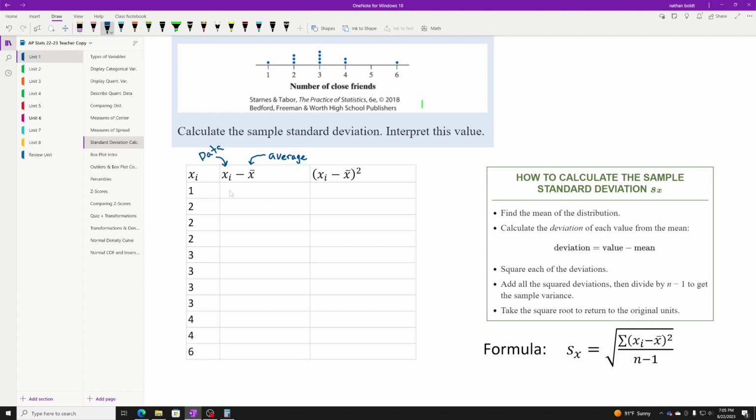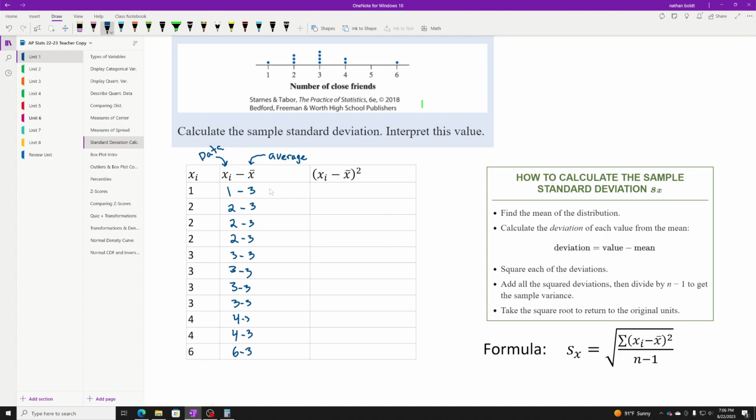So we're going to do 1 minus 3, 2 minus 3, 2 minus 3, 2 minus 3, 3 minus 3, 3 minus 3, 3 minus 3, 3 minus 3, 4 minus 3, 4 minus 3, and 6 minus 3.